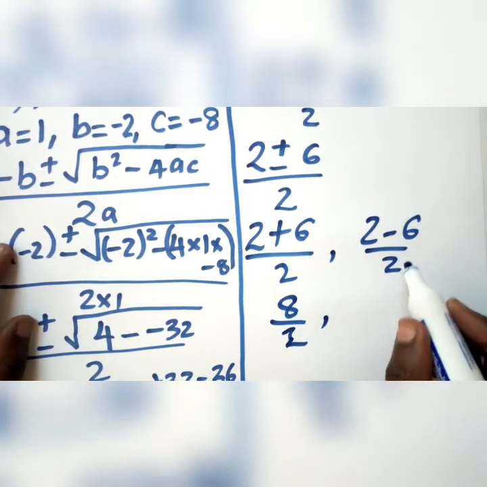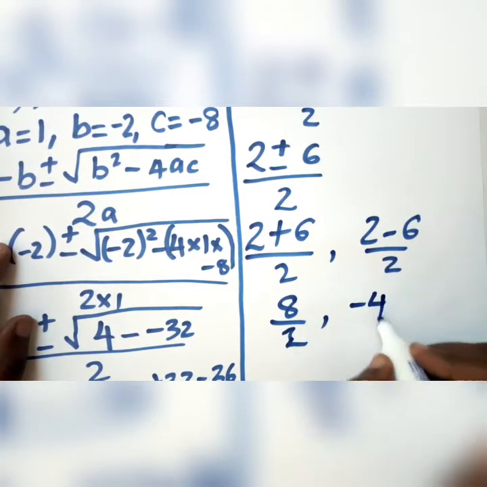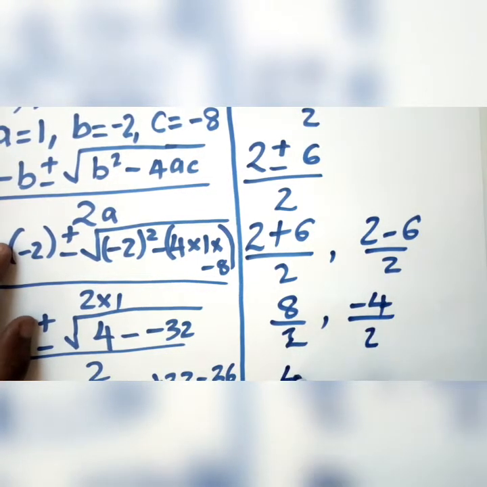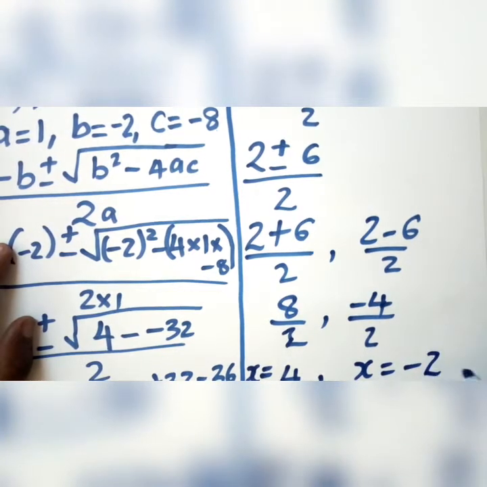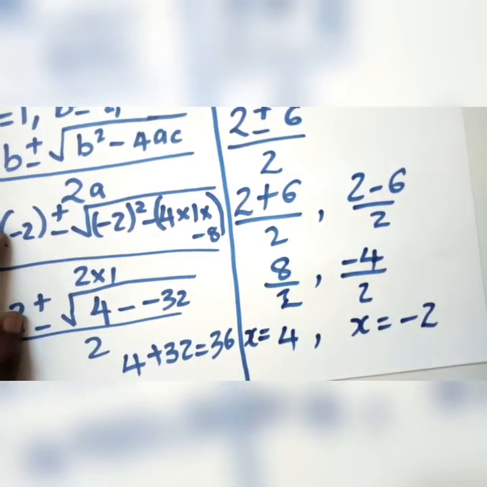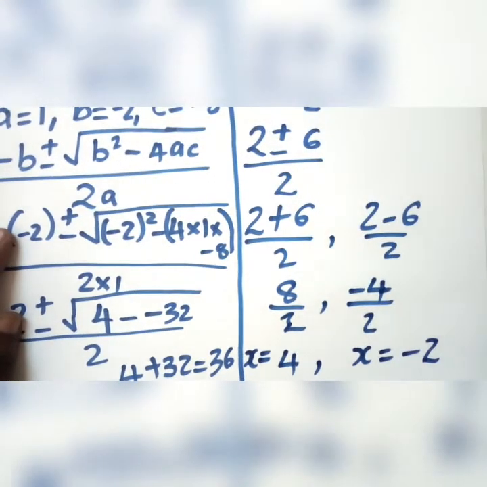And 2 minus 6 is minus 4 divided by 2. So the answer is 4. So x will be 4 for the first option, or x will be minus 2. And that's it. And you can actually test your answers to check whether you're right or not.